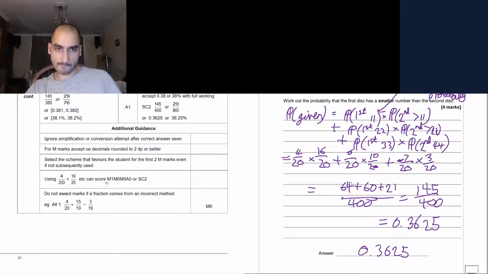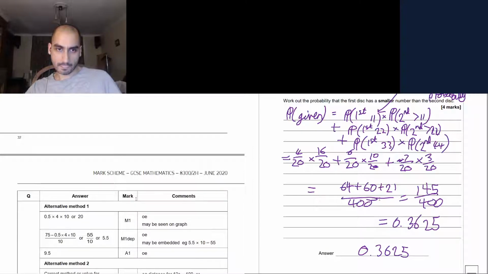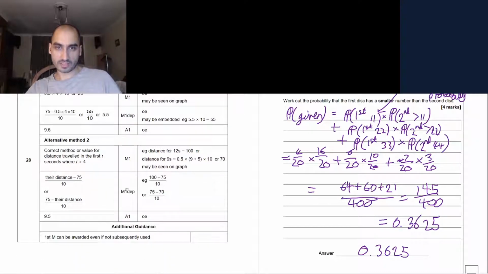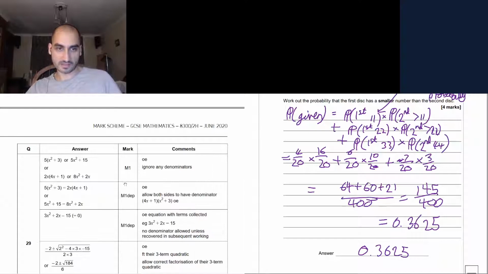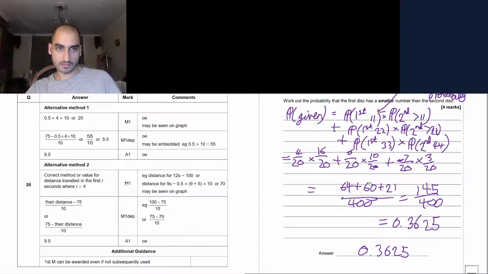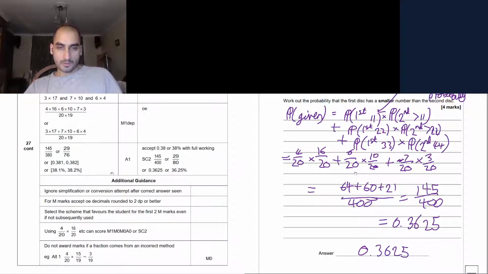Am I reading this right? Oh my god. How many pages are there for this? Oh no, this is different. M1, M0, M0, A0.